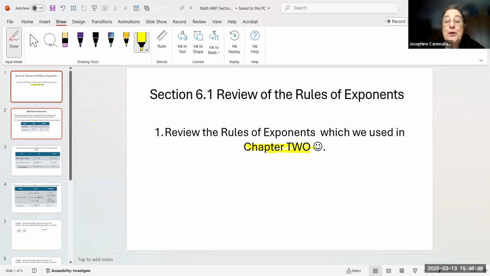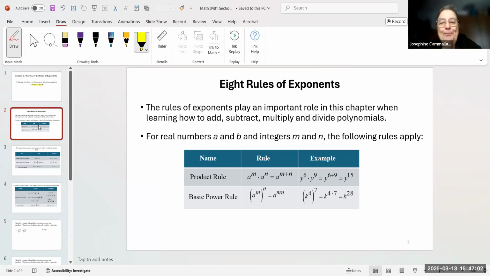Now, as you remember, there are several rules that we had. We're just going to start putting them together a little bit more interestingly, I guess is the better word. Here we go. These are the two basic rules we introduced you to in chapter 2.